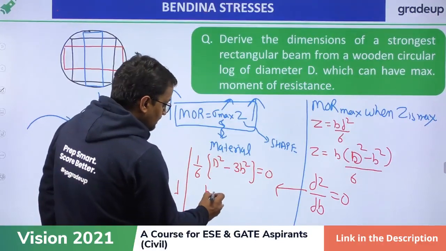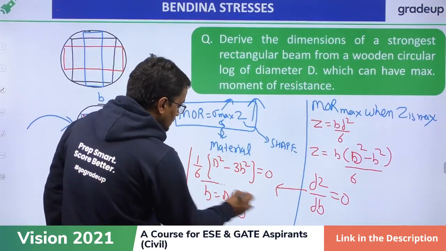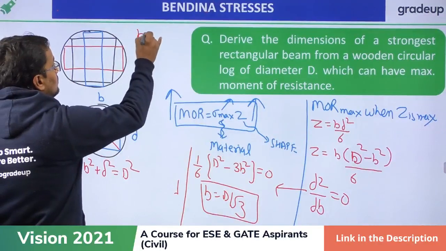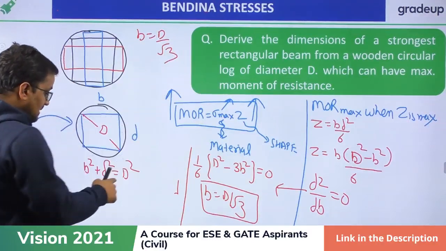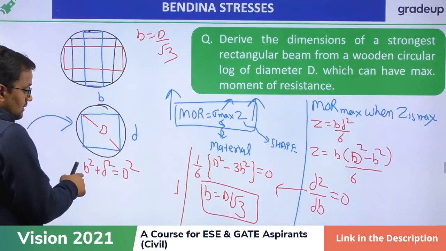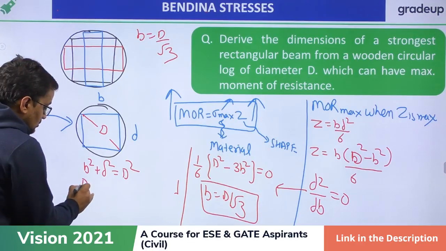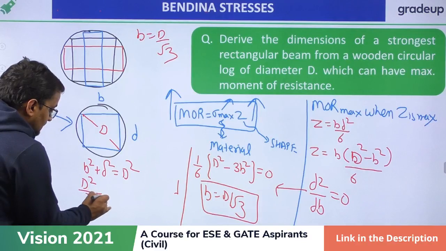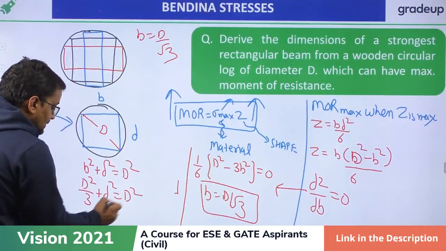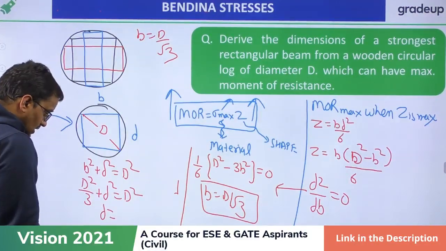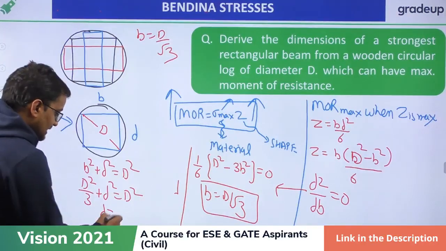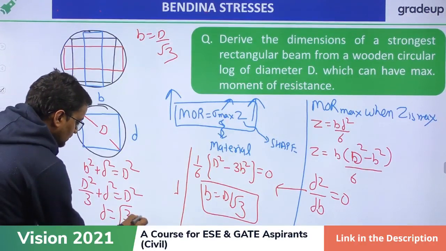From here I get b is equal to D by root 3. Put b is equal to D by root 3 here, so this is D square by 3 plus d square is equal to D square. From here you will get the answer as root 2 by 3 into D.